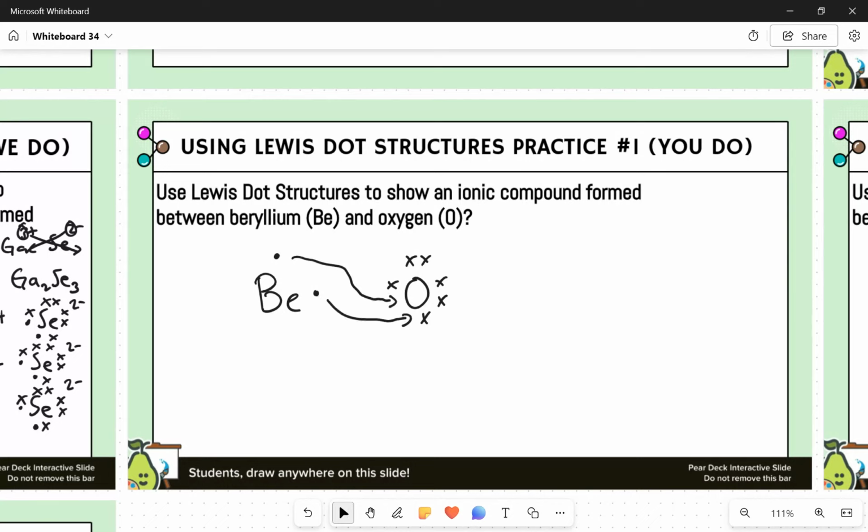So we end up with Be2+ and oxygen with 6 dots, and that's a 2−. It's a very straightforward skill once you figure out how it works. So you're just drawing the two structures, showing how the electrons move, and then making sure that they're balanced, okay?